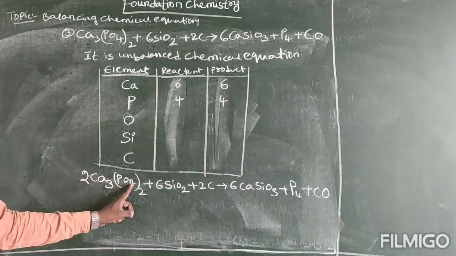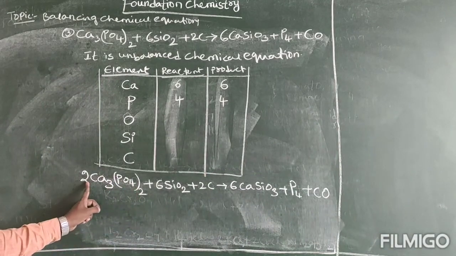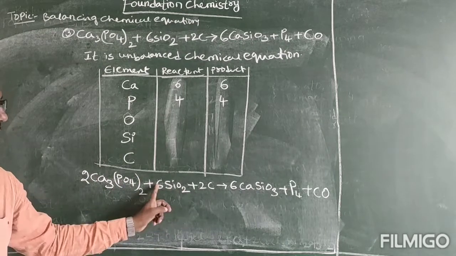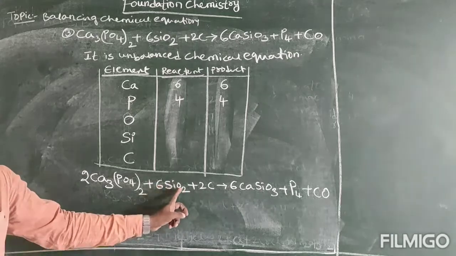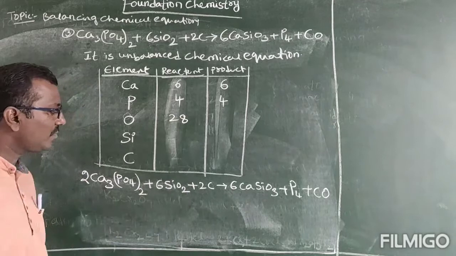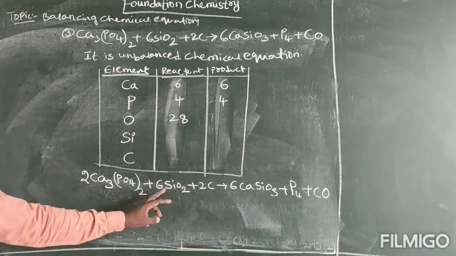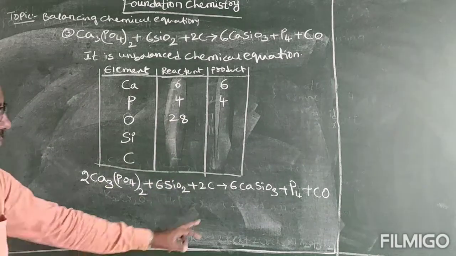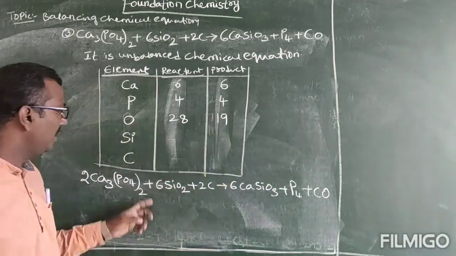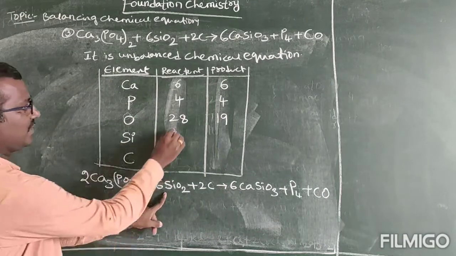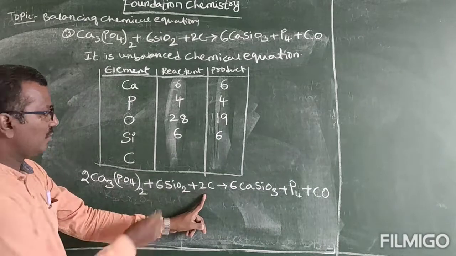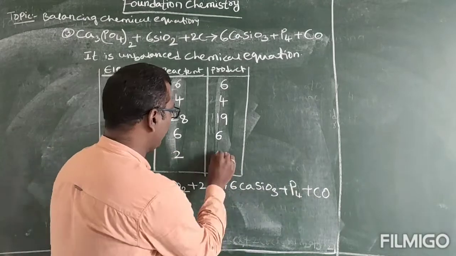Next, oxygen 4 twos are 8, 8 into 2 is 16, 16 plus 6 twos are 12, 28. But here 6 threes are 18 plus 1, 19 only. And silicon, 6 are here and 6 are here.